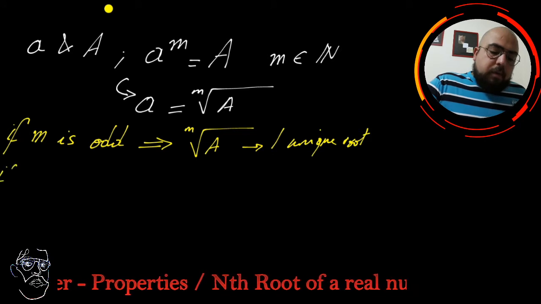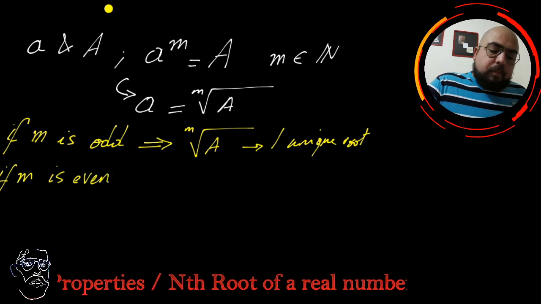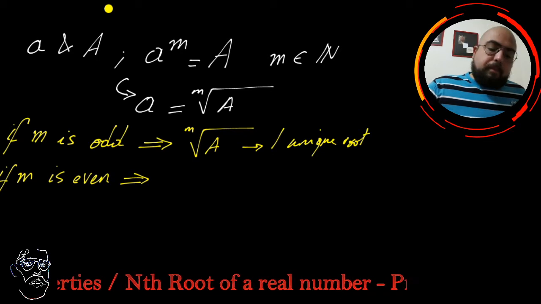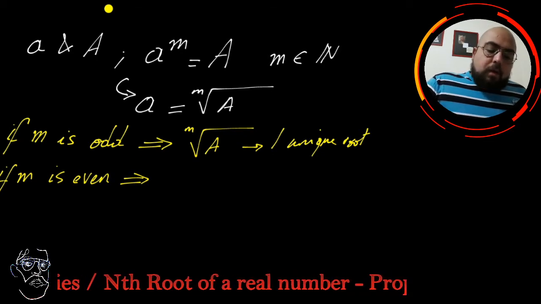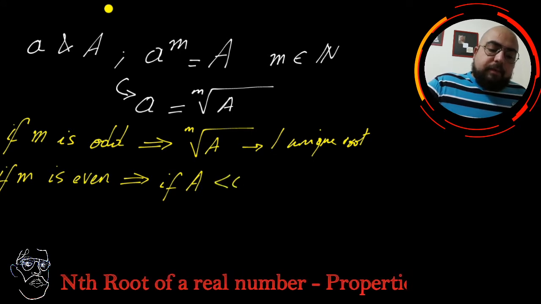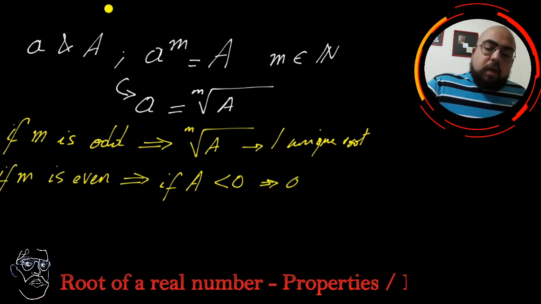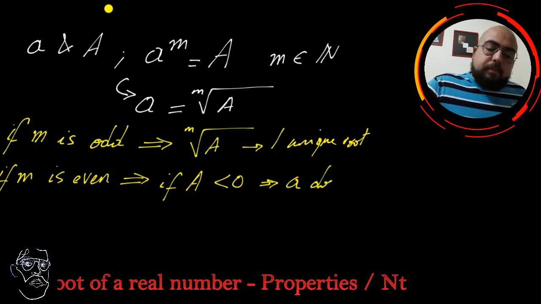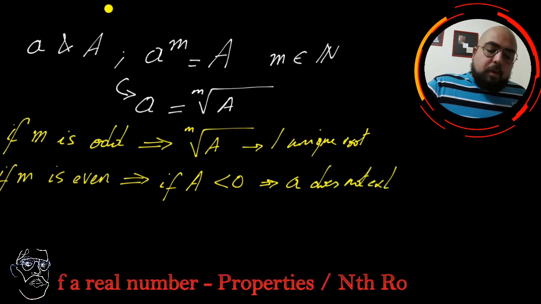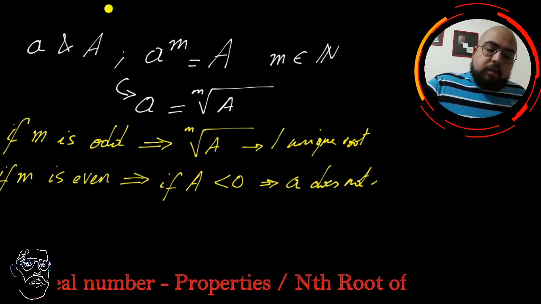Now if m is even, in this case you have to discuss if capital A was negative, it means a does not exist.